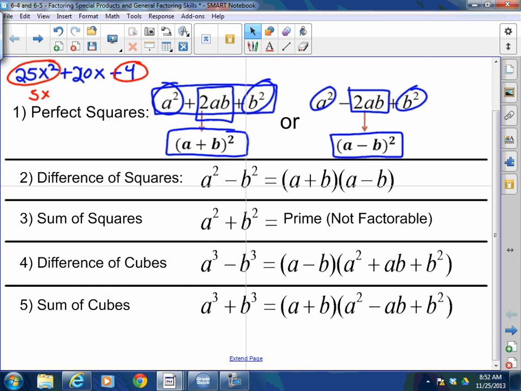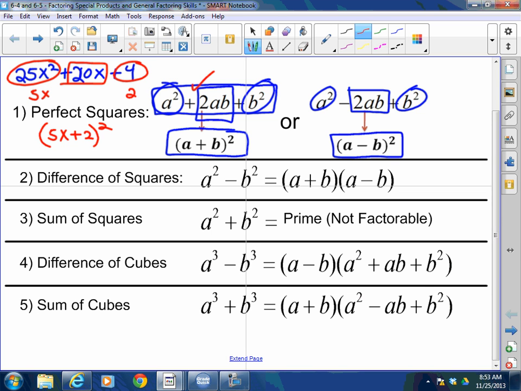So 25x squared, I changed the middle term to 20x. 25x squared is a perfect square, the square root is 5x. Is 4 a perfect square? What's the square root? Okay, what's 5x times 2, times 2? Is that the middle term? So does this meet the criteria of a perfect square? So the answer is (a + b) squared.